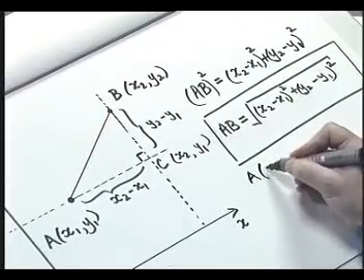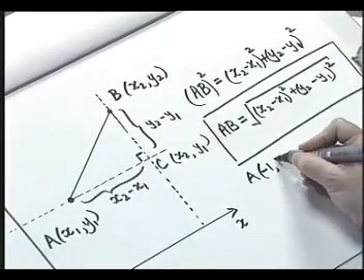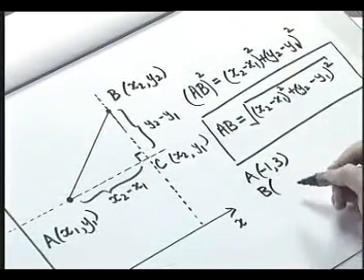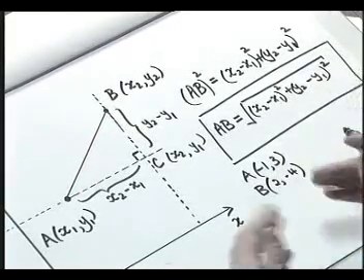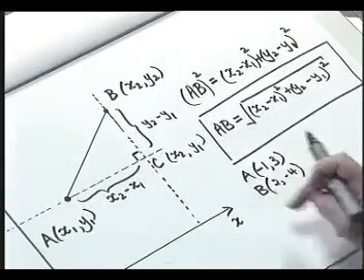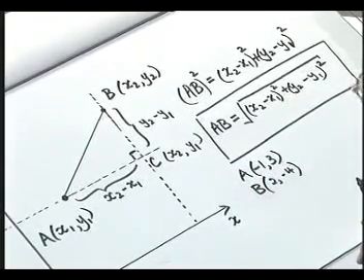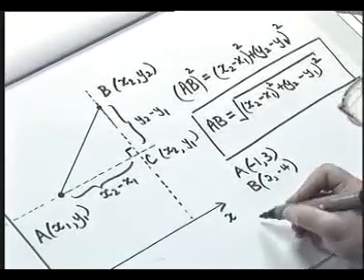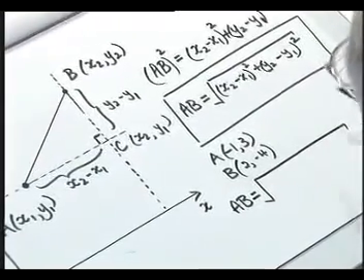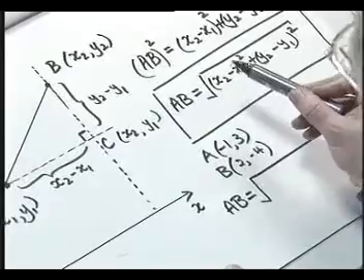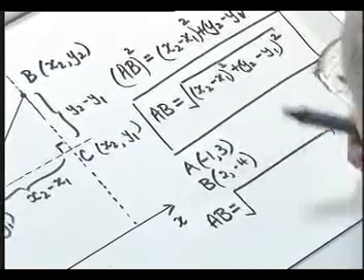Suppose we want to find the distance between the points, say, A, which has coordinates -1 and 3, and B, which has coordinates 2 and -4, for example. How can we use this formula to find the distance between these 2 points without actually drawing all the points? Well, using the formula, AB will be the square root. We want the difference between the x coordinates.